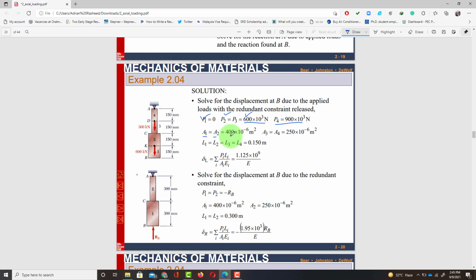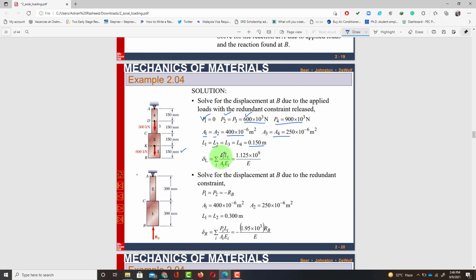So A1 and A2 are equal to 400 into 10 raised to power minus 6 square meter, and A3 and A4 have the same value. Now L1 is the length of the first section, and this is the length of the second, third and fourth. So all are equal in this case, that is 150 millimeter, which converted is 0.150 meter.